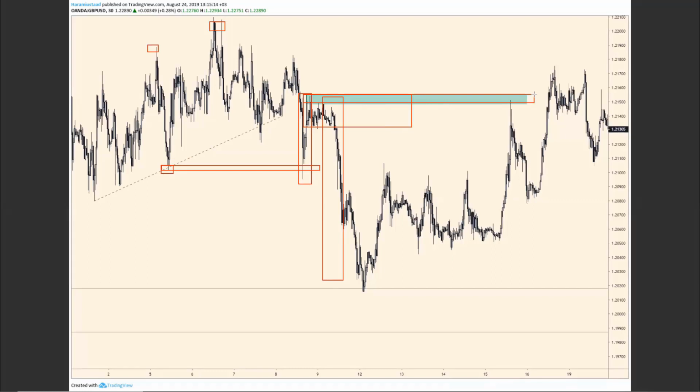Which is good. I'm not sure where your target was, but I would have expected this to move lower, to move all the way down here, given the relative vacuum in this area, and that it's engulfed this buy side liquidity here. So if I'd have taken this, I would have been stopped out, but my stop would have been moved down as price action progressed.